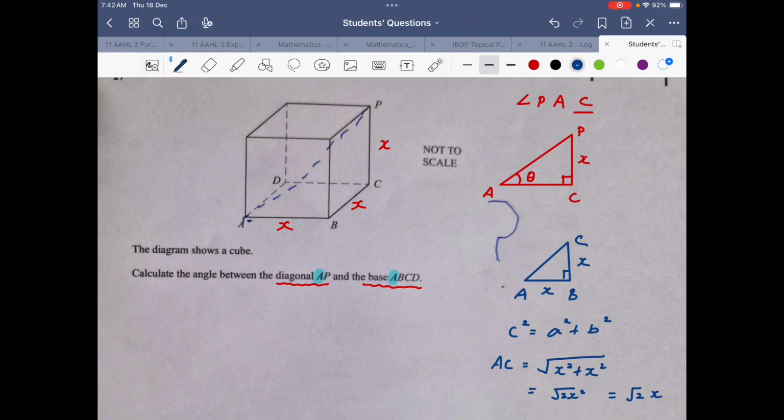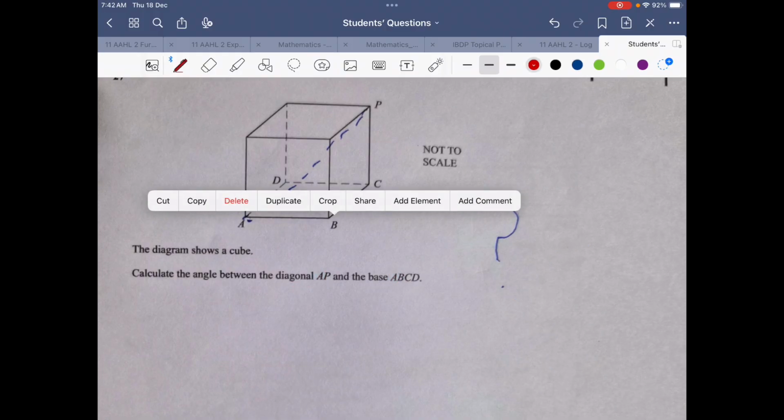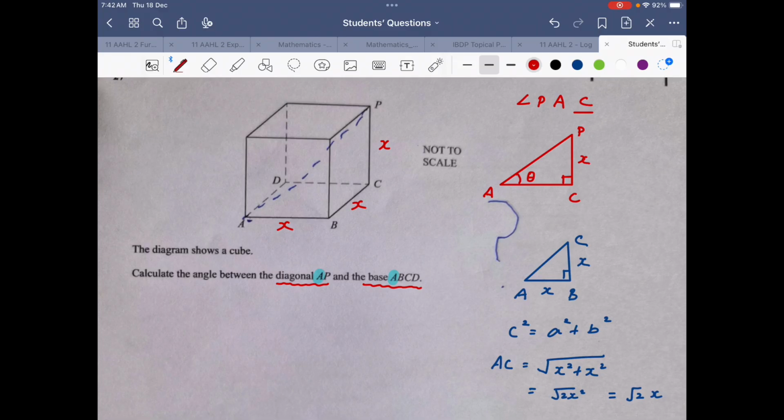So that's the length of AC. We could use it here. Now we have more than enough information to find theta.